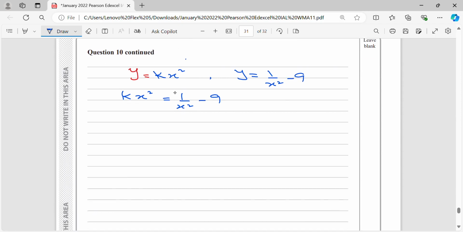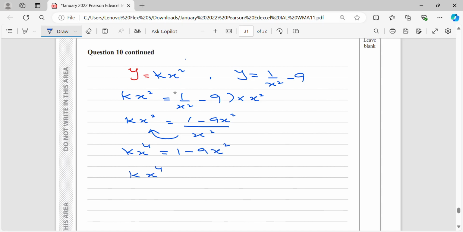Let's multiply this by x squared to make an equivalent fraction. So kx squared equals 1 minus 9x squared over x squared. Okay, bring it to the other side. I have here kx raised to power 4 equals 1 minus 9x raised to power 2. Make it equal to 0.